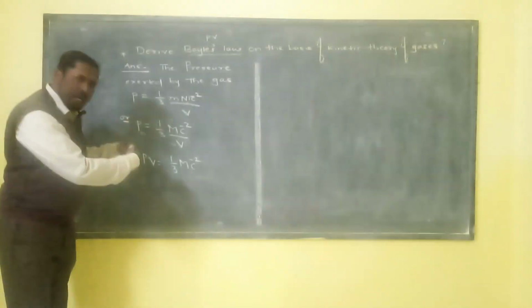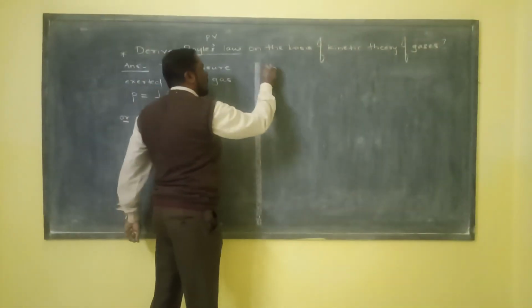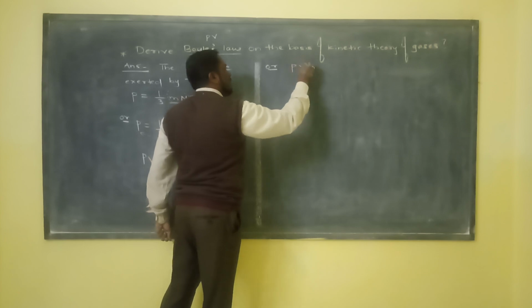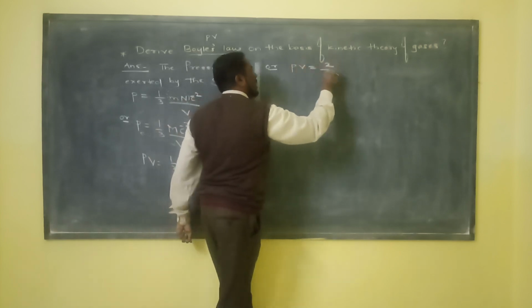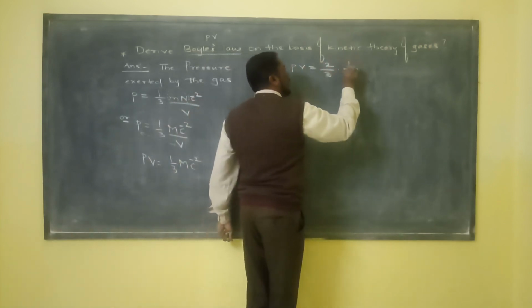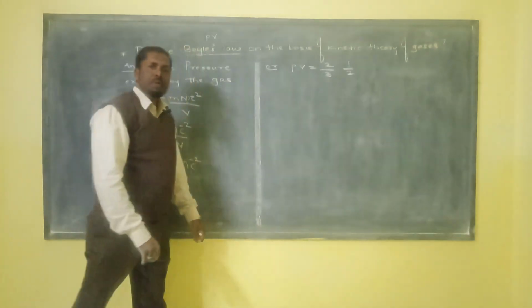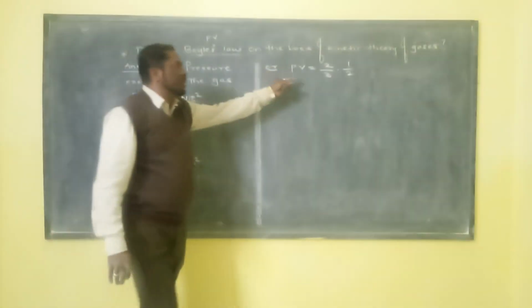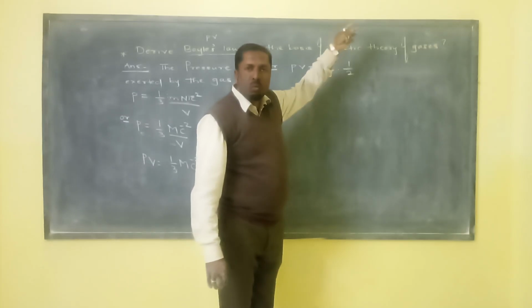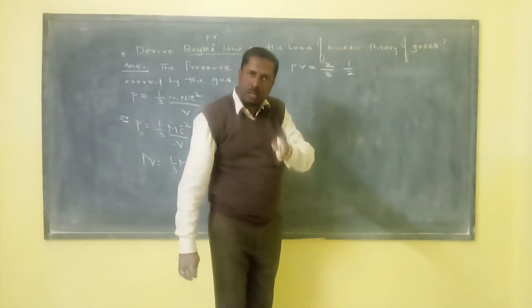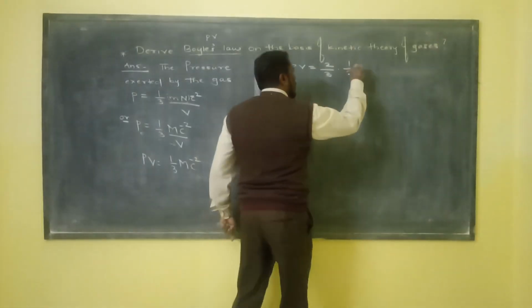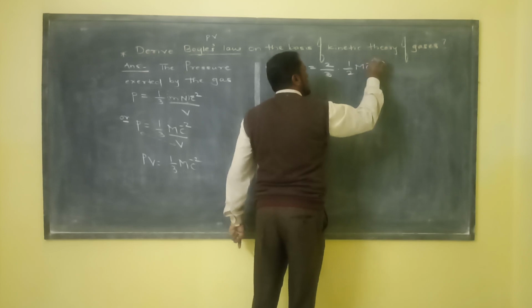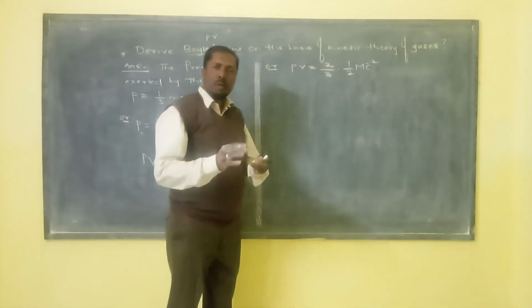We can also write it as PV is equal to 2 by 3 into 1 by 2 M c bar square. We adjusted 1 by 3 as 2 by 3 into 1 by 2, multiplying 2 to the numerator and 2 to the denominator, so it remains as it is. What do you understand by M?